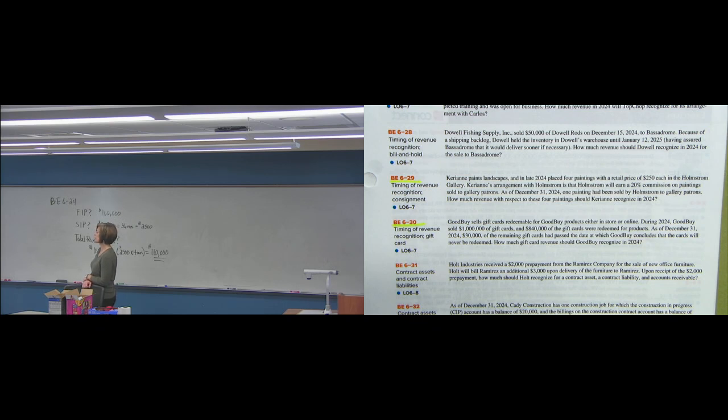Carrie Ann paints landscapes and in late 2024 placed 4 paintings with a retail price of $250 each in the Holmstrom Gallery. You guys ever been to a gallery like that? A bunch of different artwork. Carrie Ann's arrangement with Holmstrom is that Holmstrom will earn a 20% commission on paintings sold to gallery patrons.